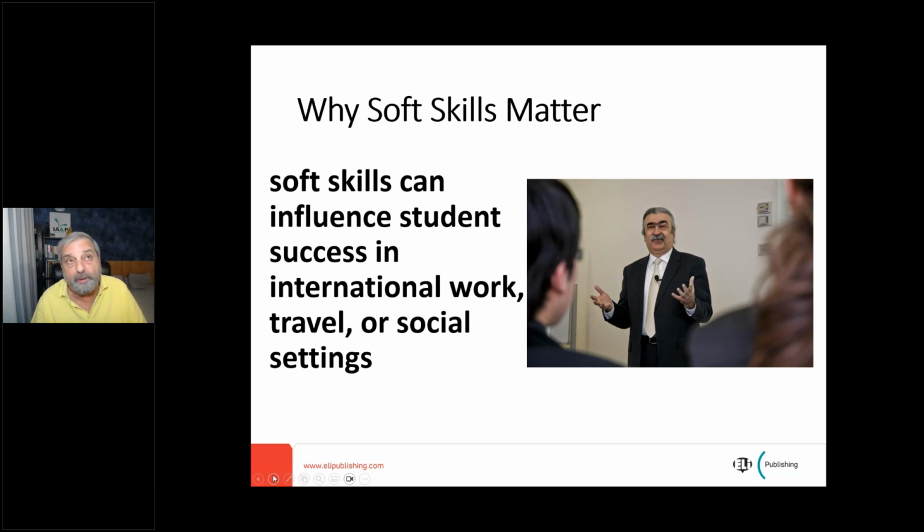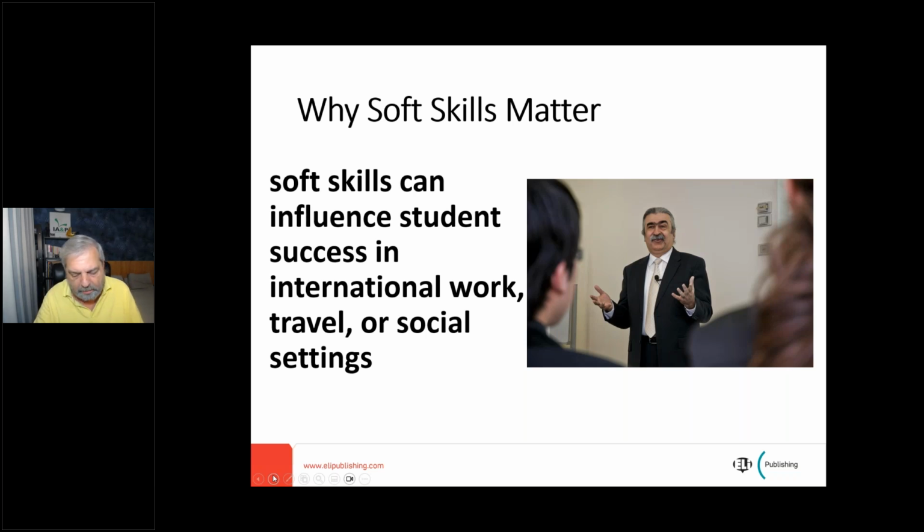And I just came back from Spain and I had a lot of questions using my Portuguese. I kind of got by, but I was very lucky because the people I spoke with would say, no, the word you're trying to say is this, which I thought was wonderful. So soft skills can make a big influence on your students' success in the future.